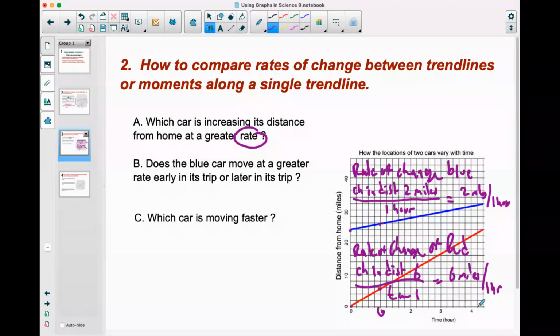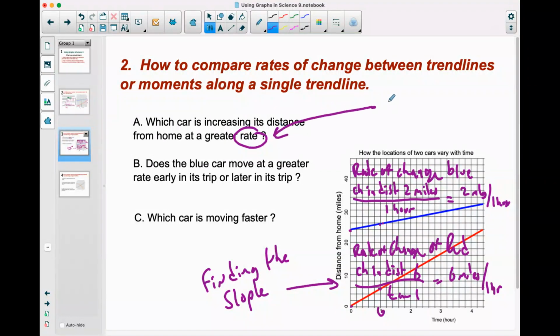Now, for those of you who have had enough math, you might recognize this calculation as the same thing as finding the slope. And so when you see this word rate, you can think slope. If it's a very steep slope, like the red car, that's going to have a greater rate of change.